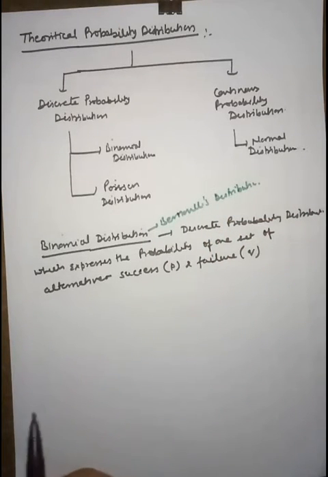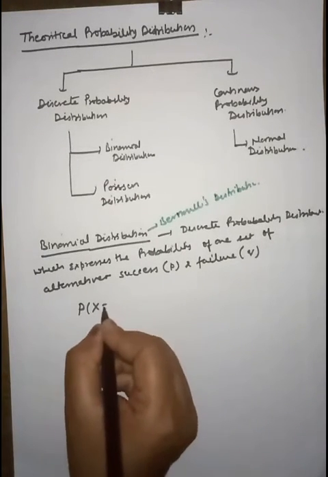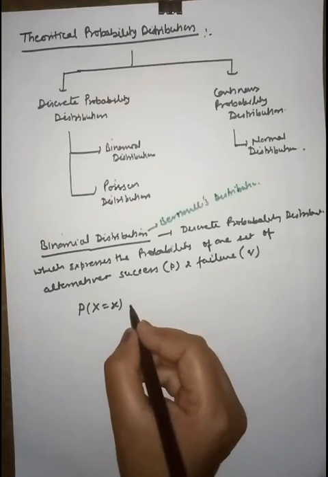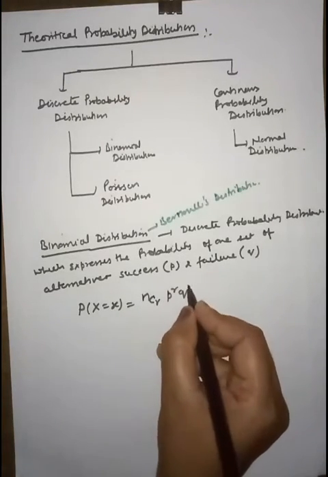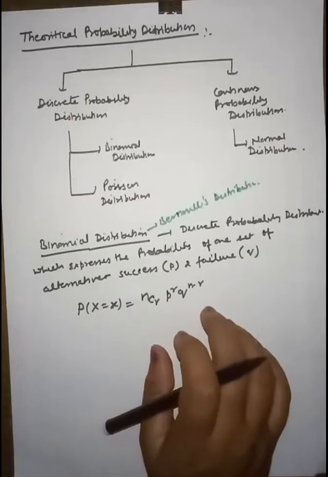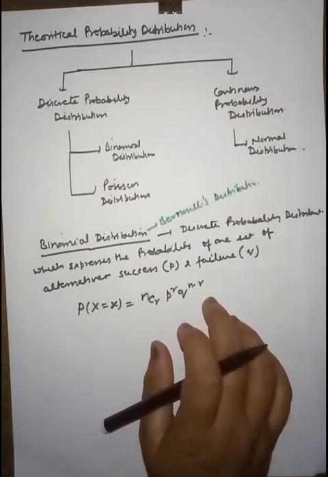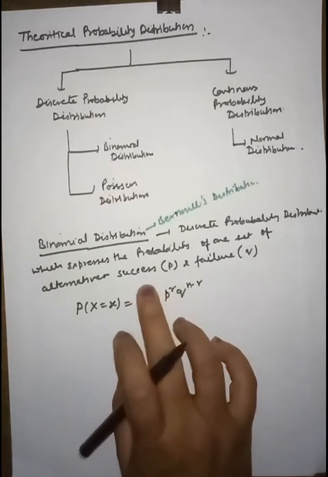So, binomial distribution is defined by the formula P(x) equals nCr p^r q^(n minus r), which shows the probability of r successes in n trials, right?